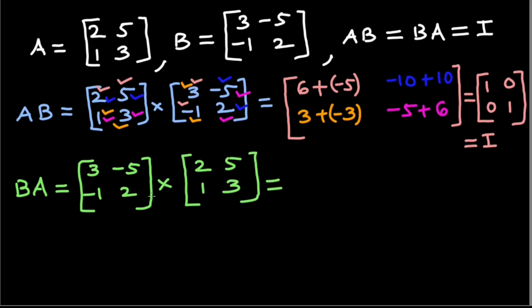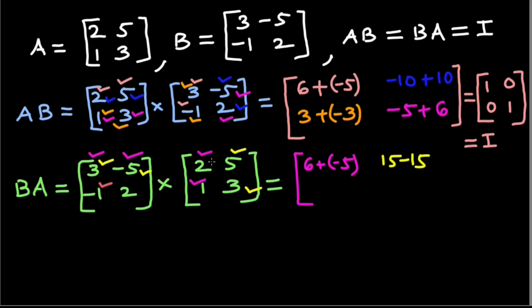So it will be 3 multiplied by 2, 6, plus -5 multiplied by 1, -5; 3 multiplied by 5, 15, minus 5 multiplied by 3, minus 15; -1 multiplied by 2, -2, plus 2 multiplied by 1, plus 2; -1 multiplied by 5, -5, plus 2 multiplied by 3, plus 6.